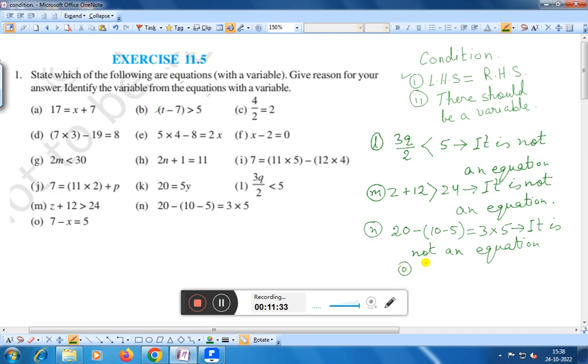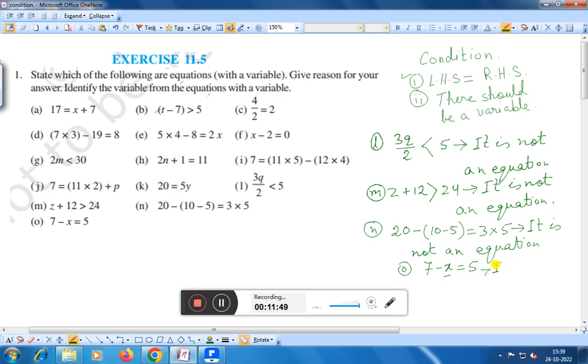O. Question number O is 7 minus 6 is equal to 5. Here you see the first condition, that left hand side is equal to right hand side, is satisfied, and there is a variable x also, right?